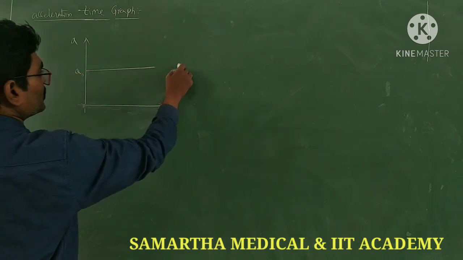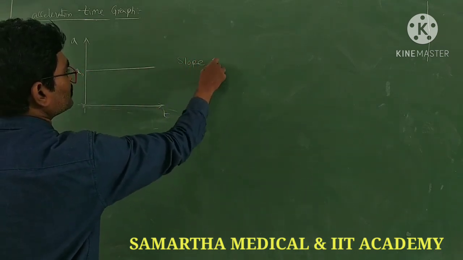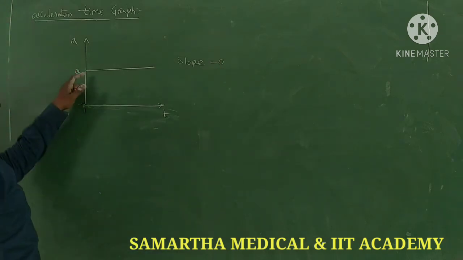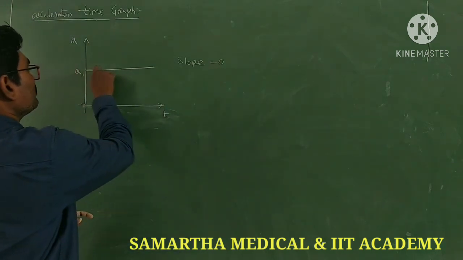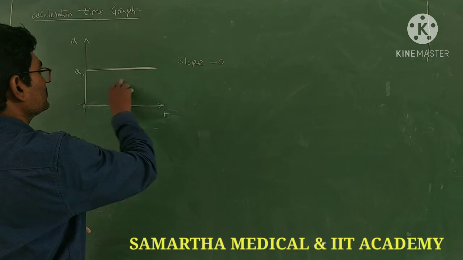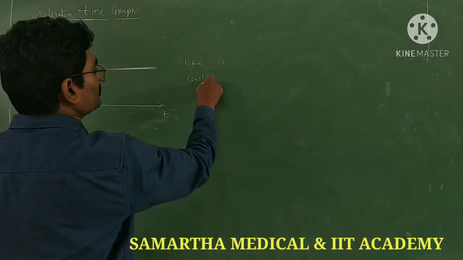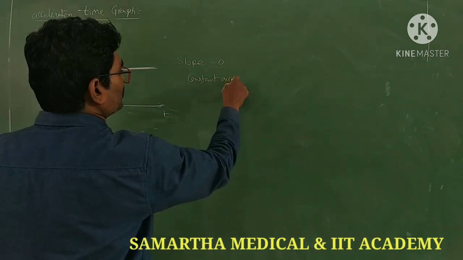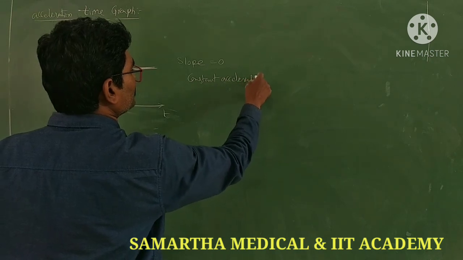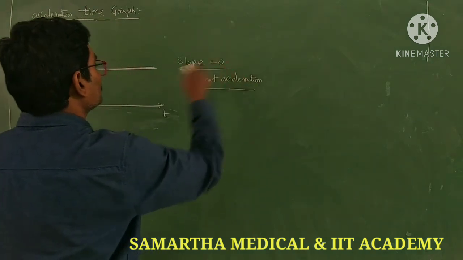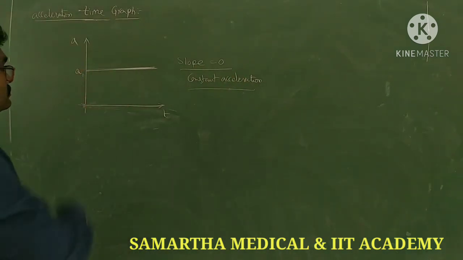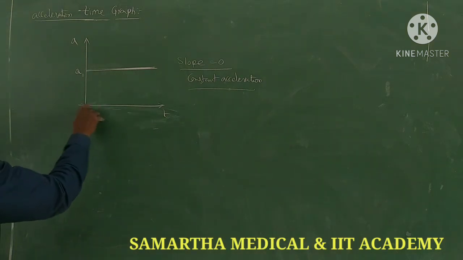The slope of this is equal to 0. It's a straight line parallel to the x-axis. Constant acceleration, slope is equal to 0.